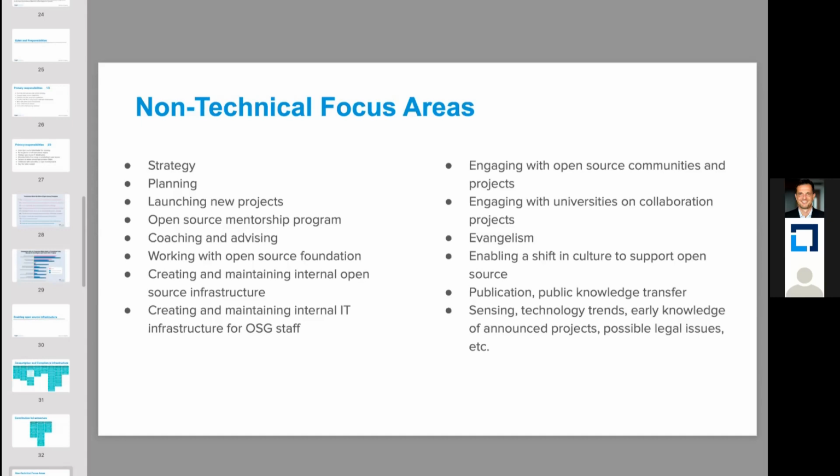And really, one of my favorites is the last bullet on the right-hand side, which is sensing technology trends and trying to figure out where technology is going and how we should drive our efforts in a given technology or open source sector, so that in a couple of years, we're going to be ready for whatever happens then, given our estimations.